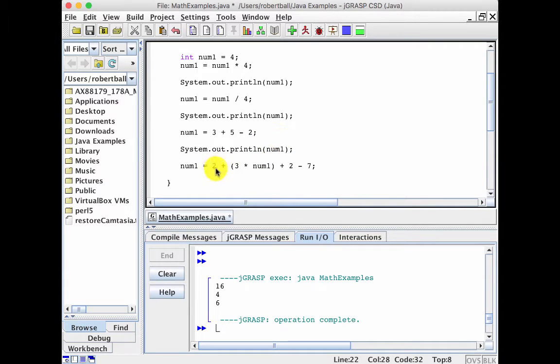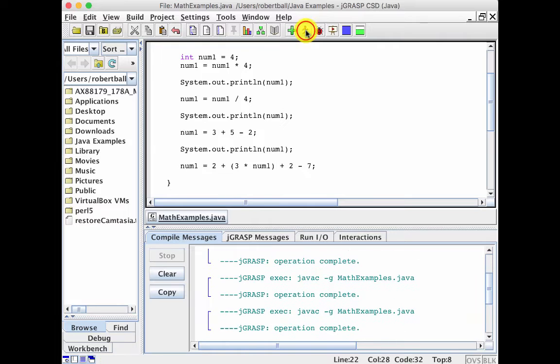And then 2 plus that result plus 2 minus 7. Okay. Well, this was a 6, so 3 times 6 is 18, plus 2, 20, plus 2 is 24, minus 7, which would be, I think, 17? Maybe my math's not so good.